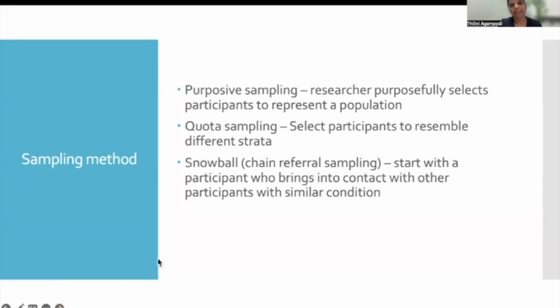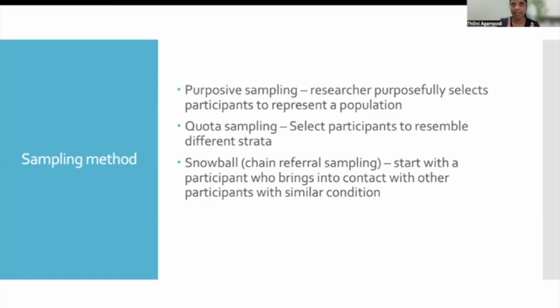In qualitative research, you can do purposive sampling, quota sampling, or snowball sampling, right? Purposive sampling is where the researcher purposefully selects participants to represent a population. Say, I want to study a particular phenomenon on pregnant women, right? I go to the clinics, I select the clinics, and with the help of the midwife, I would identify different types of mothers who will represent the phenomenon, right?